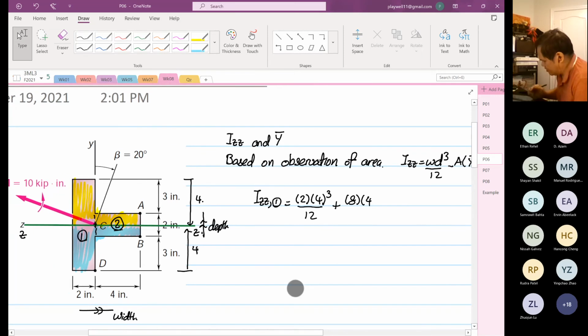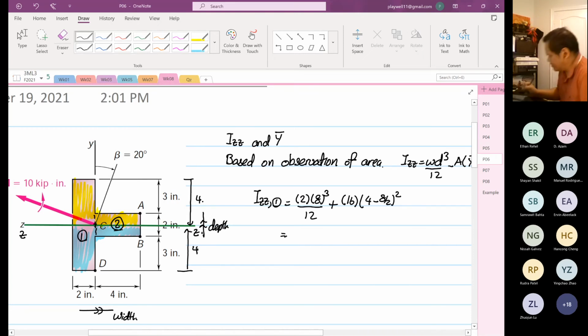Okay, so that is the global centroid for section 1, which is also equal to 8 divided by 2. 3 plus 3 is 6. 8 divided by, what am I doing down here? Don't rush. With that cubed plus 16. I'm always rushing, don't rush. 16 multiplied by (4 minus 8 divided by 2), the whole thing squared.